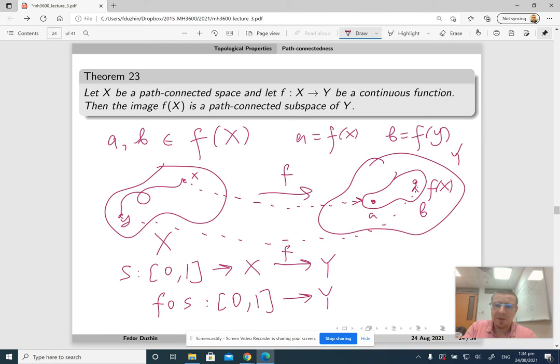Because by construction, f of s of 0 is a, and f of s of 1 is b. So f composed with s is a function from [0,1] to Y that connects a and b. This is how we construct a path from a to b. So a continuous image of a path connected space is again path connected.